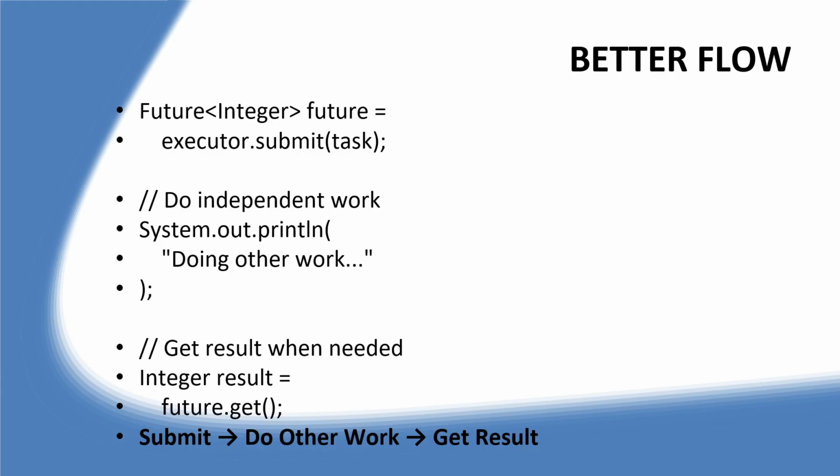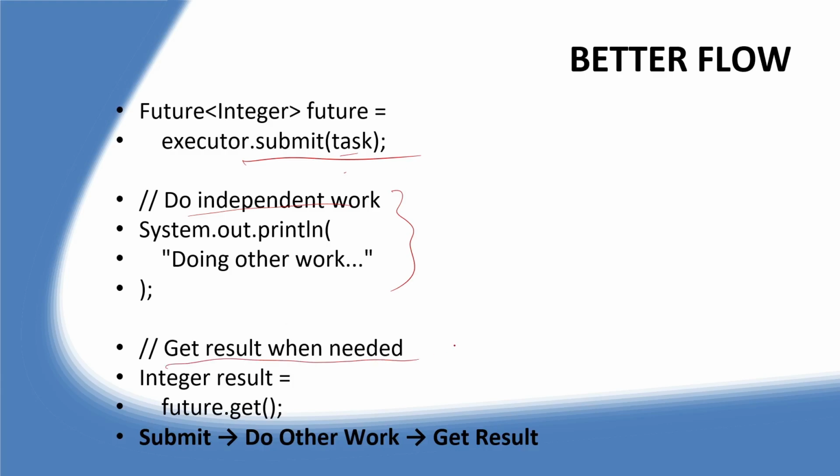Now we will see a flow that better demonstrates the benefit of asynchronous execution. First we submit the task. Then, while the worker thread is processing, the main thread can perform other independent work that is not related to this task. Only when we actually need the result, we call the get method.